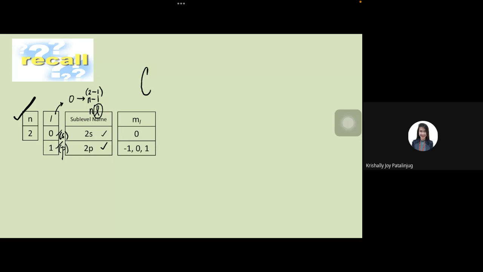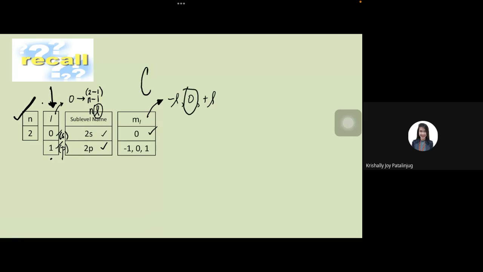The m sub L values: recalling the way to determine the values of m sub L, negative L, 0, to positive L. This will be your reference point. Look for the L value. If L is 0, then you just write 0. There's no such thing as negative 0 or positive 0, right? So write only 0.